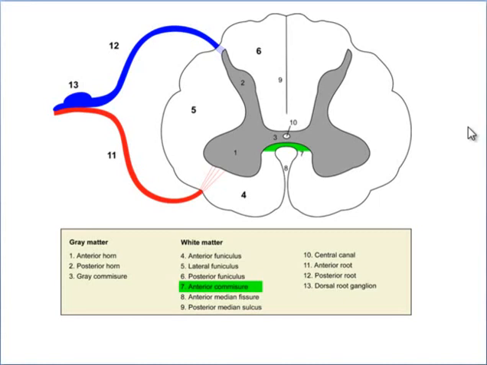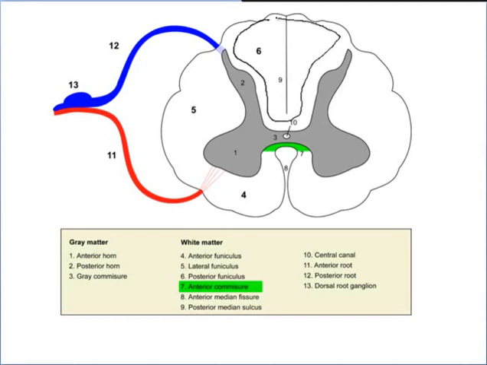So the white matter is divided into what are called funiculi. Here we have the posterior funiculus, which is this area through here.